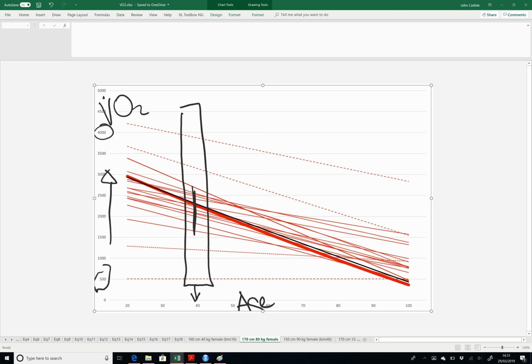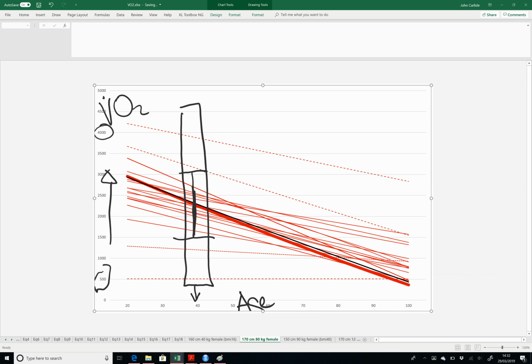The black line is a second equation I'm sort of toying around using in preference to the thick red line. And this is just the variation in peak oxygen consumption for a woman, 170 centimetres and 80 kilograms. Papers reporting peak oxygen consumption do report normality range as often being in excess of a litre.